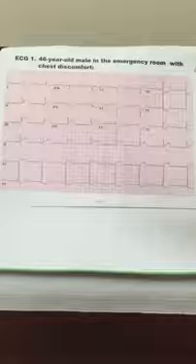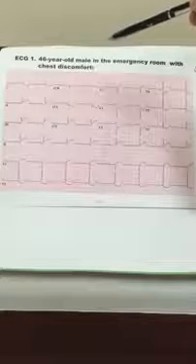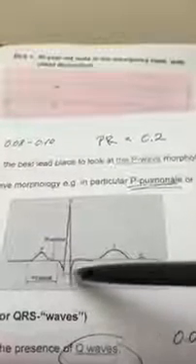So next, we would look at the ST segment. Here's your S wave, here's your T wave. It's going to be the interval between that, right there, the ST segment.